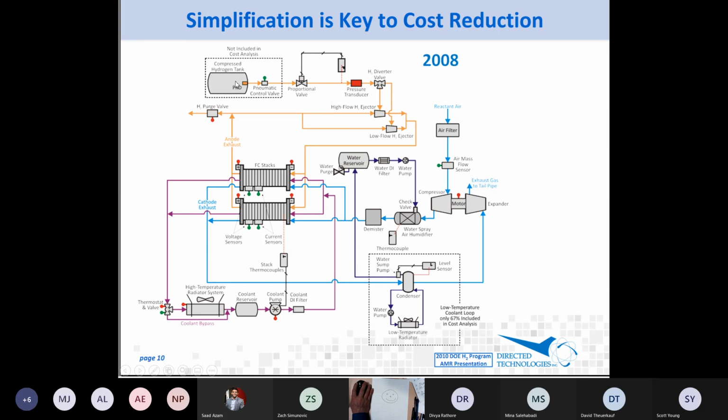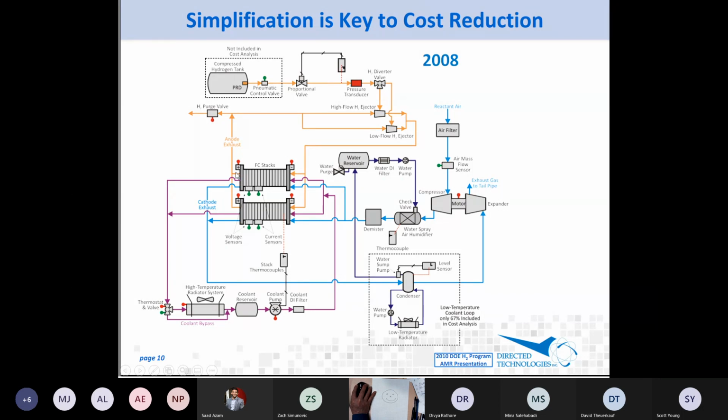So let's take a look at it. Got a compressed hydrogen tank, a valve, another valve, pressure transducer, diverter, blah, blah. And then you go eventually into the fuel cell stacks here.